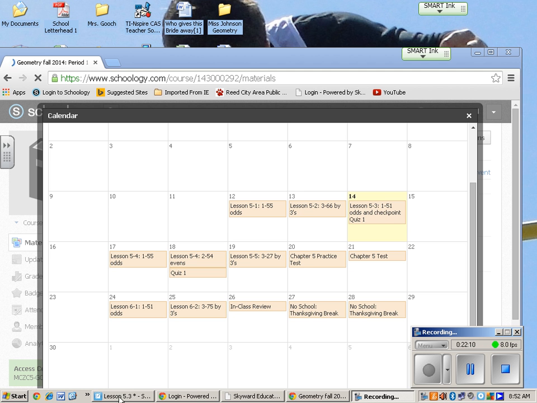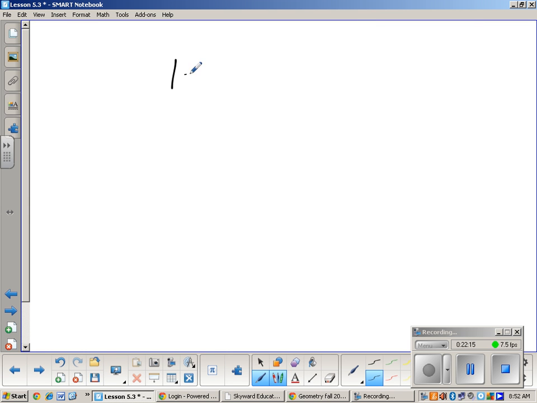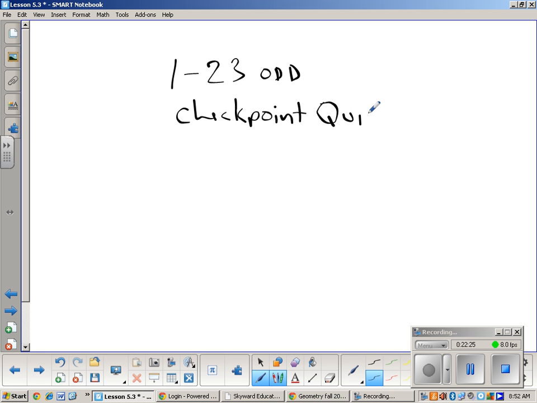I am going to change that. So let's just do 1 through 23 odd and checkpoint quiz. Okay, so there's our assignment for the weekend. Try really hard to get that done before you come back on Monday.